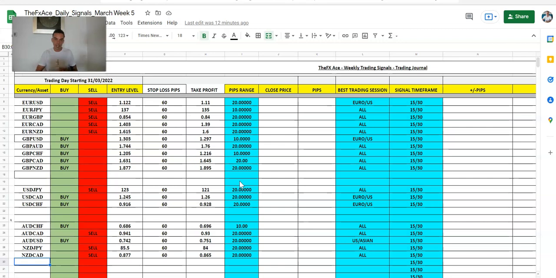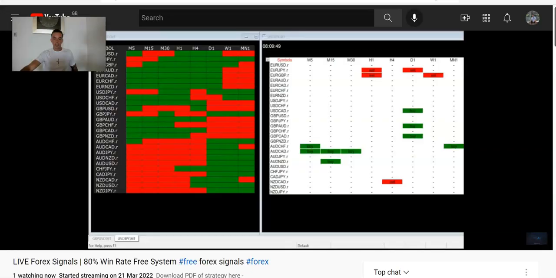A lot of people are in Asia like myself, and Australia, New Zealand, and they can't really trade. If I send this out just before the Euro session starts, they've already missed today's Asian session. So these levels are valid till the end of the next Asian session, till I send out the next email. Hope that's self-explanatory.